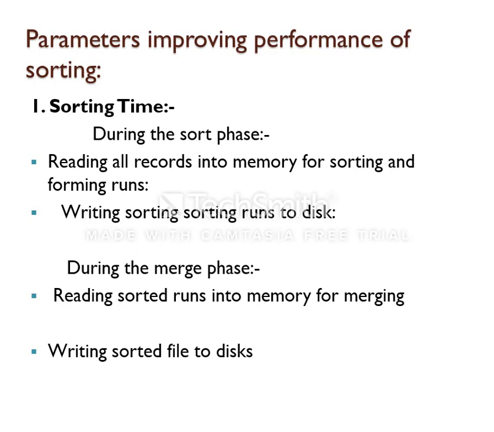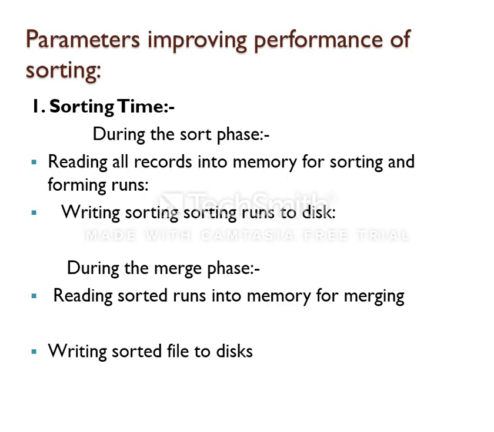After completing the introductory part, we will move to the parameters for improving the performance of sorting. First is sorting time. While sorting, input output is performed 4 times. It contains a sort phase and a merge phase.